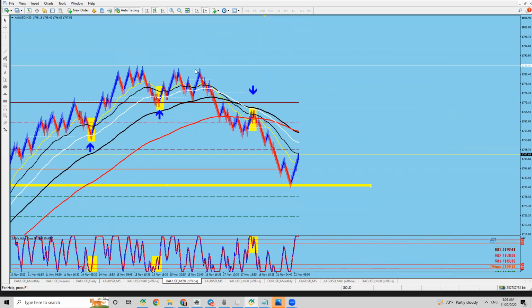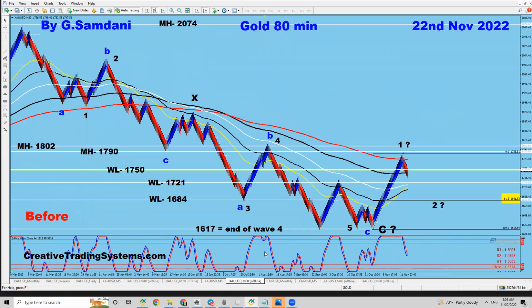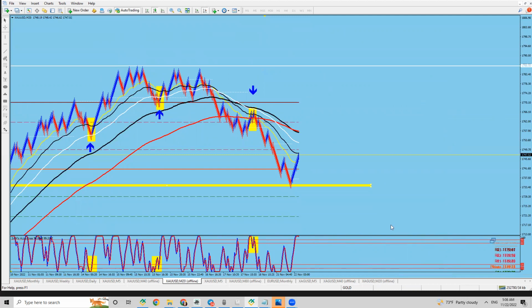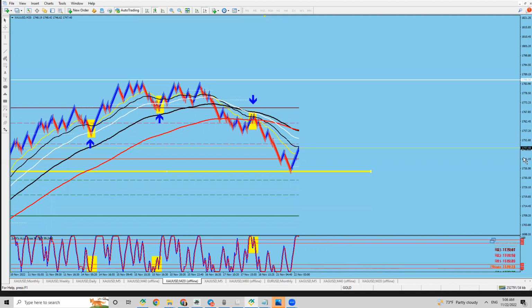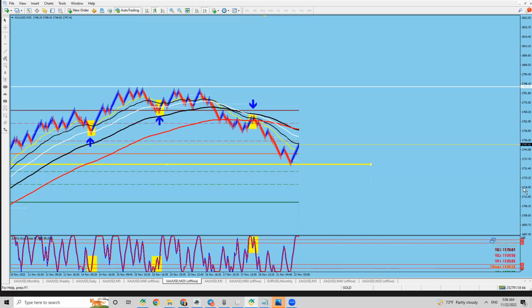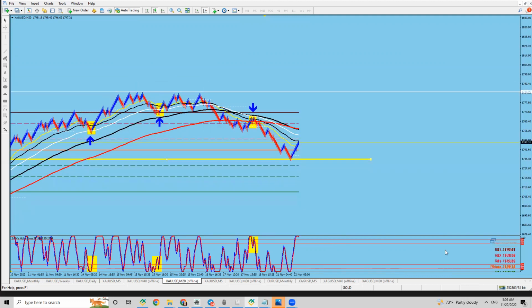okay. So here A, B, and then C goes there. Okay, where? We need 1680, right? So where is 1680? And it's way below there. Okay, so 1680 would be somewhere here.